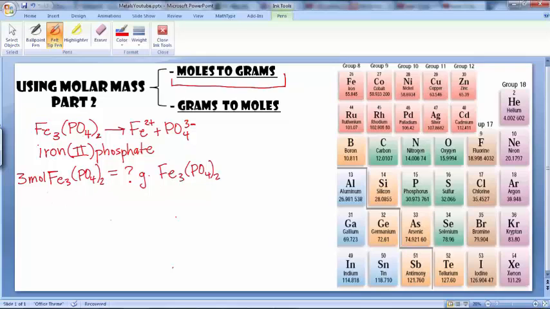Well, here we are again, back with our friend, using the molar mass. We need the molar mass of iron 2 phosphate to convert from moles to grams.